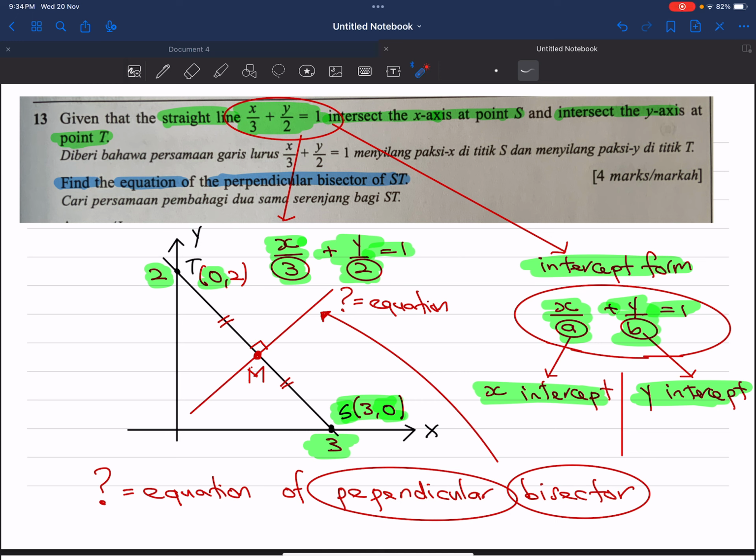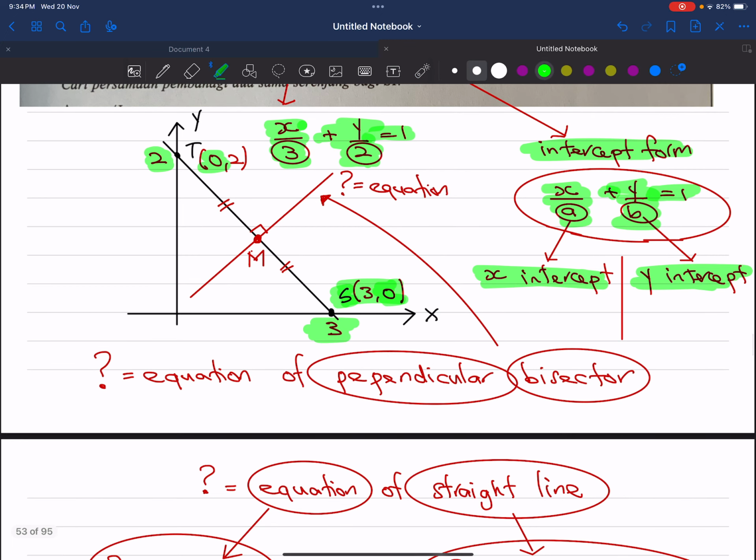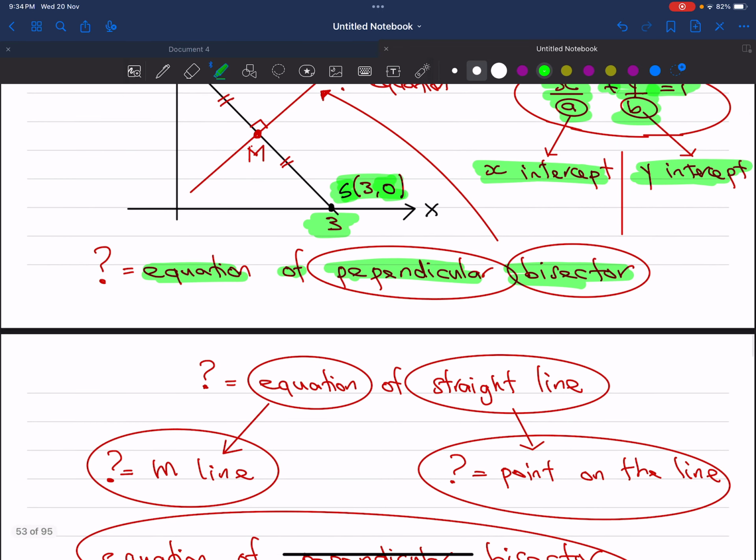We look at the question. Find the equation of the perpendicular bisector of ST. Okay, that's what the question is asking. From our notes, to find the equation of a straight line, we need the gradient of the line and a point on the line.